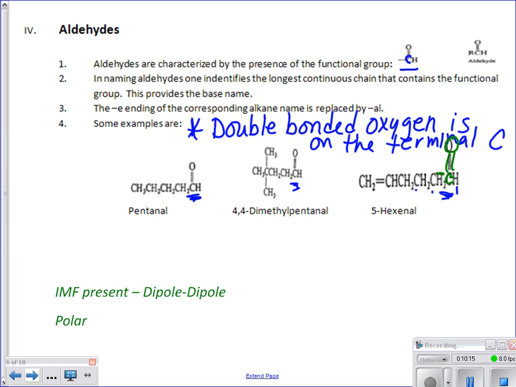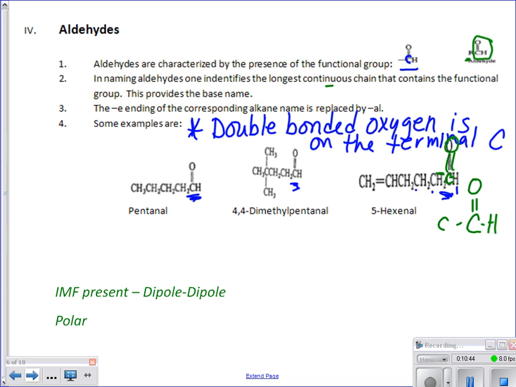So that functional group we think of as looking just like this. The C with a double bonded oxygen and a hydrogen right there. And then the rest of this goes off to the chain, this reaction chain. That's what that R stands for. So you've got different carbons, etc., that are going to be attached there. When you name these, the base name is going to be from your longest continuous chain.